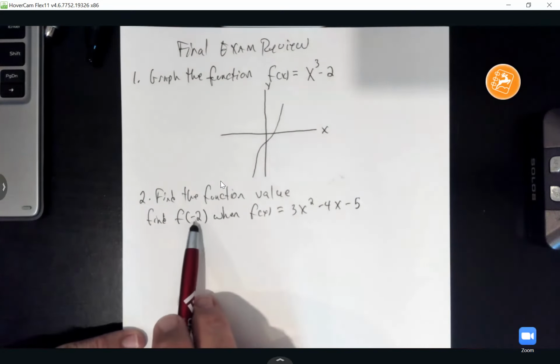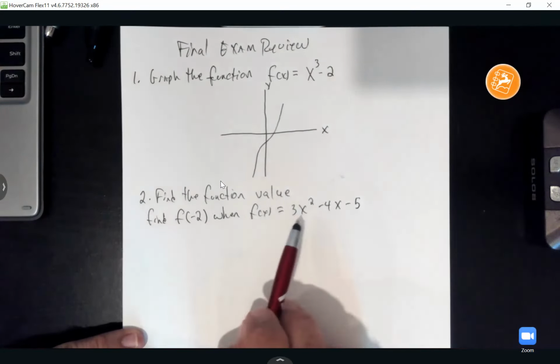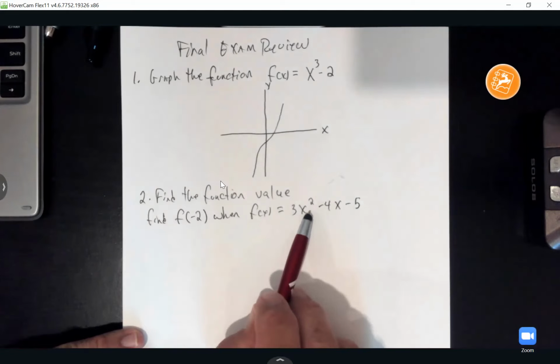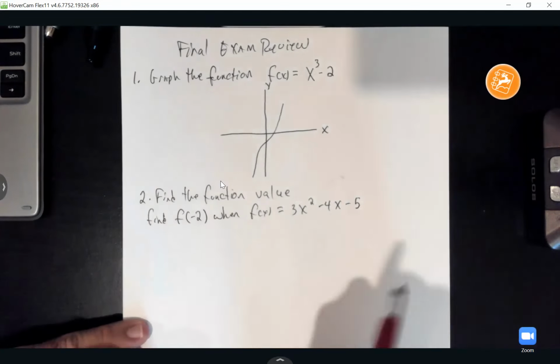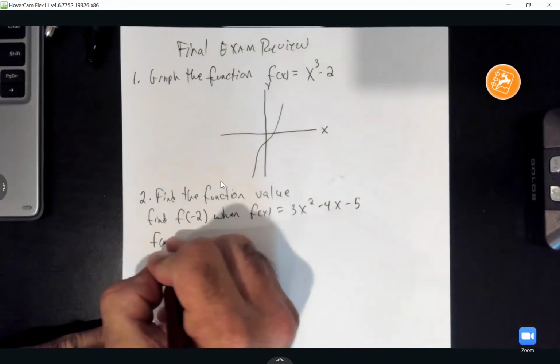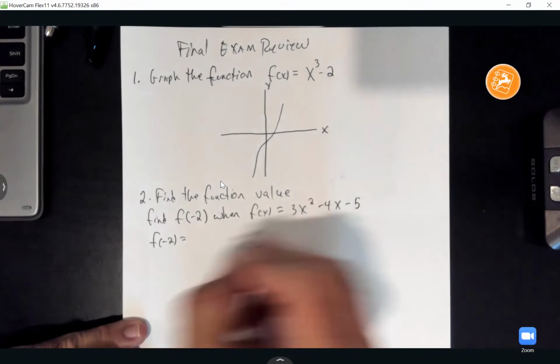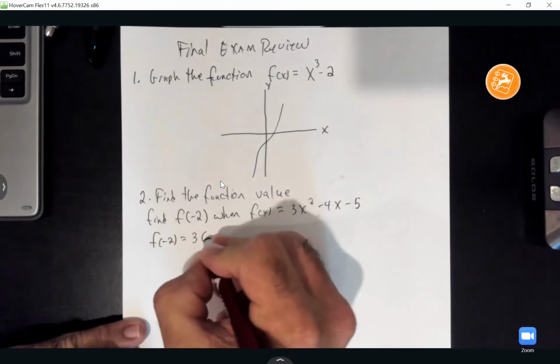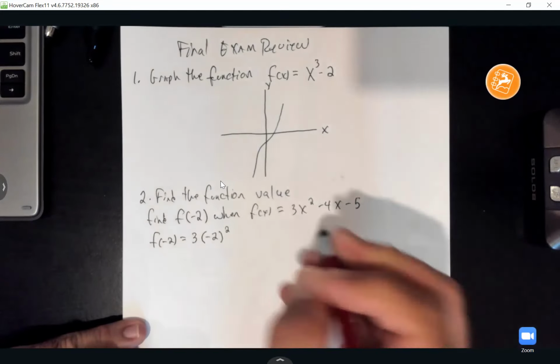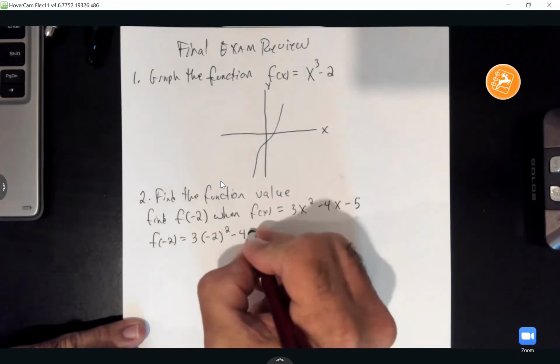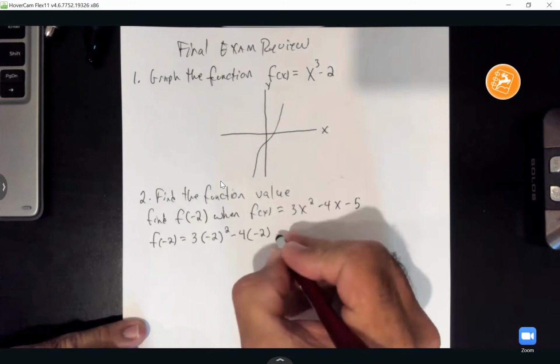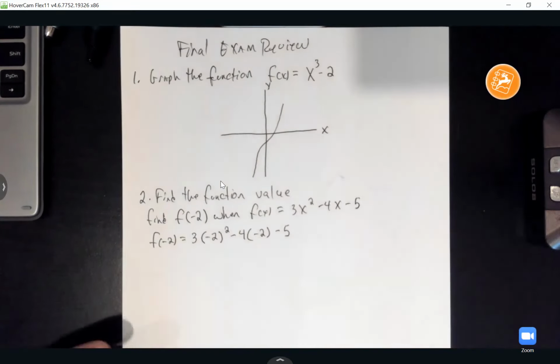Y'all remember on this, f of negative 2 means they want me to take this function and put a negative 2 in for both of my x's. So f of negative 2 will equal 3 times negative 2 squared minus 4 times negative 2 minus 5.